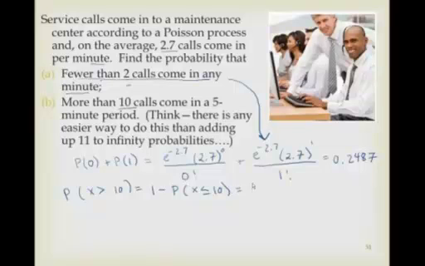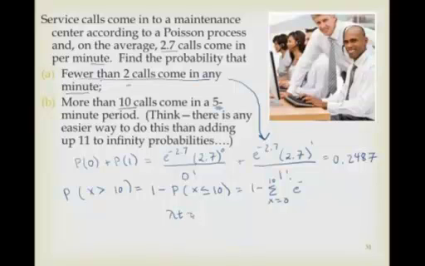So that's going to be 1 minus the summation, from 0 to 10, of e to the minus lambda times t.